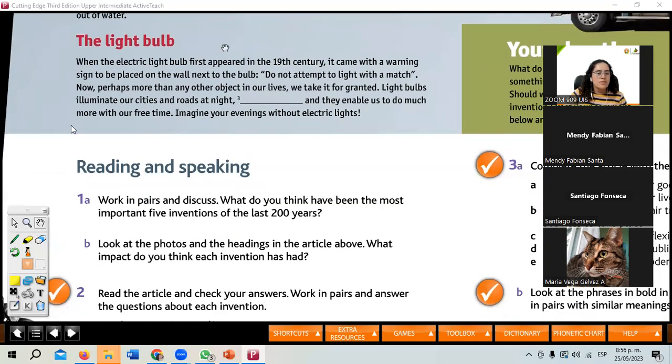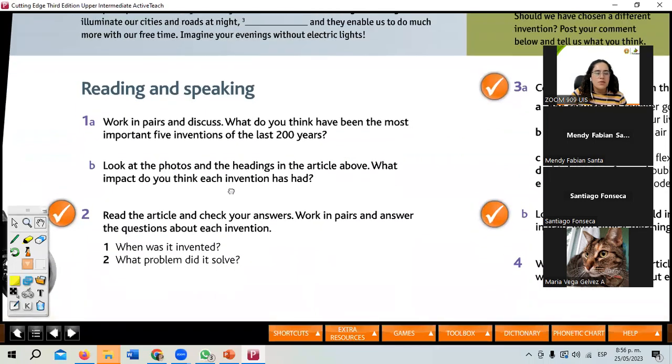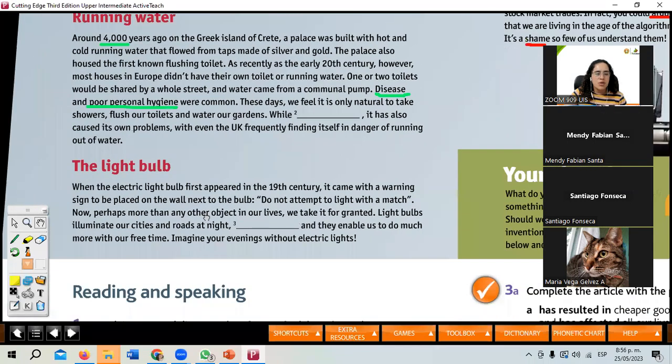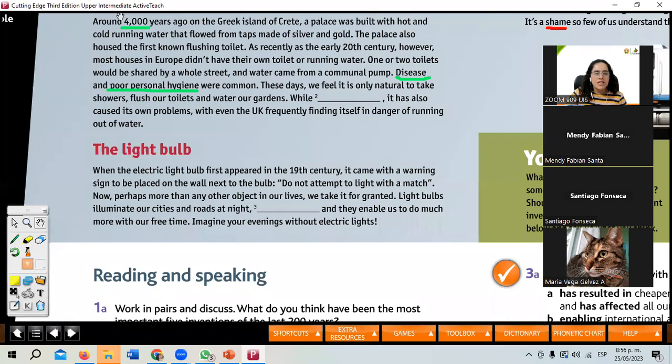Continuing with Xiomara. For the third thing, the light bulb. When was it invented and which problem did it solve? Teacher, apparition in the 19th century. Okay, yes, 19th century.